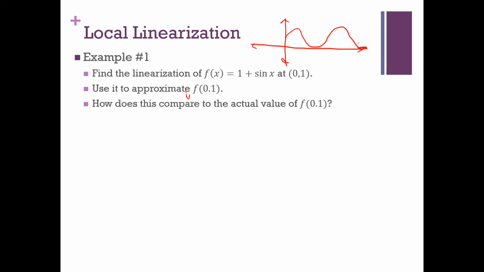It looks something like that, right? Clearly, deeply nonlinear. But I want to approximate this function where x equals 0. So I'm going to have a tangent line that looks kind of like this, right? So hopefully we have some idea about what this tangent line is going to look like.